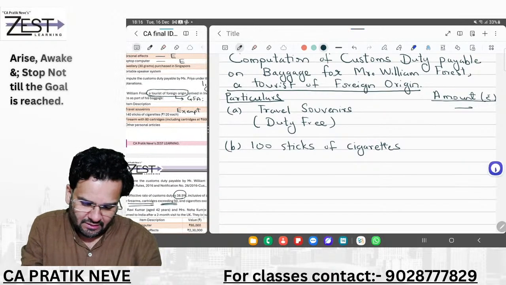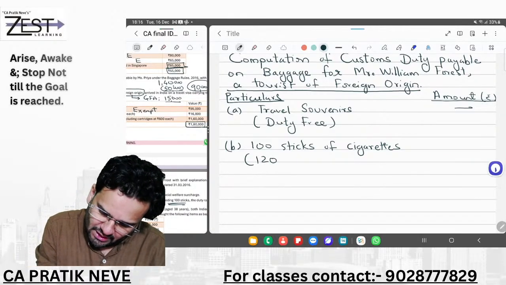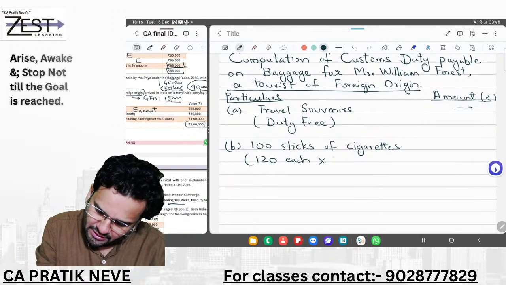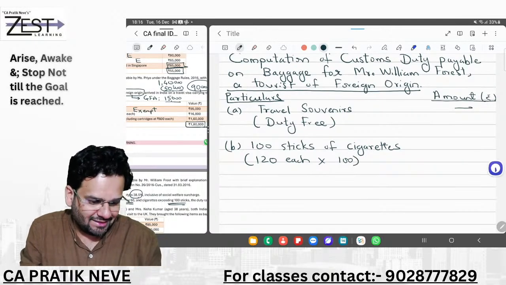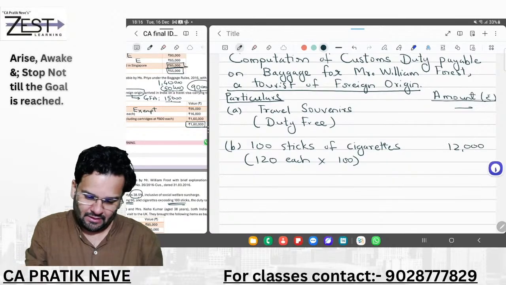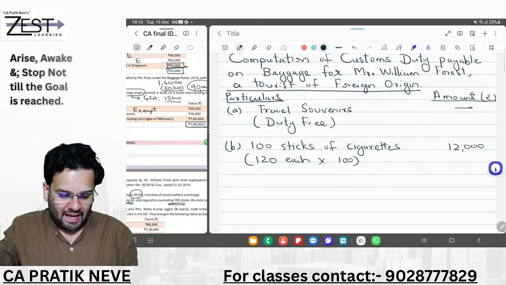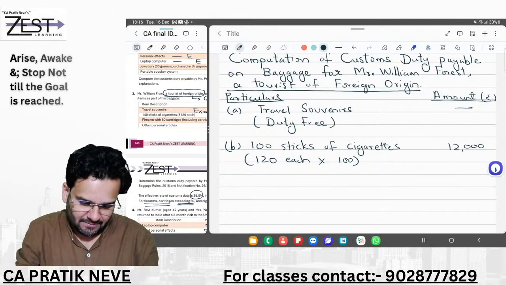So basically it is 120 each, so 120 each into 100. So that is 12,000 rupees you can take here. Okay, remember balance cigarettes will be taxable at 100%.